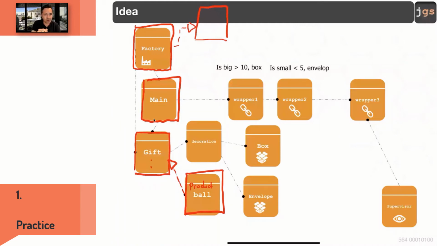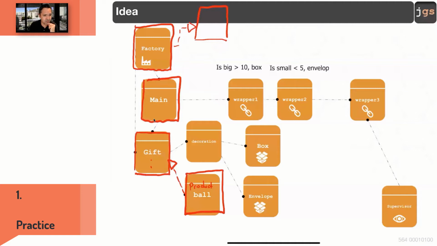Now, at this point, we discussed before that we need decoration. And we talk about this product to be the original one. And to that original one, we want to add a box or an envelope. And in that moment, you think about, well, the decorator pattern.